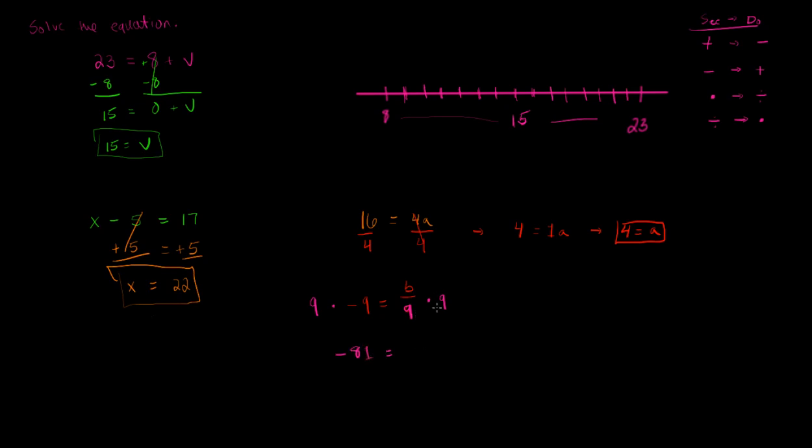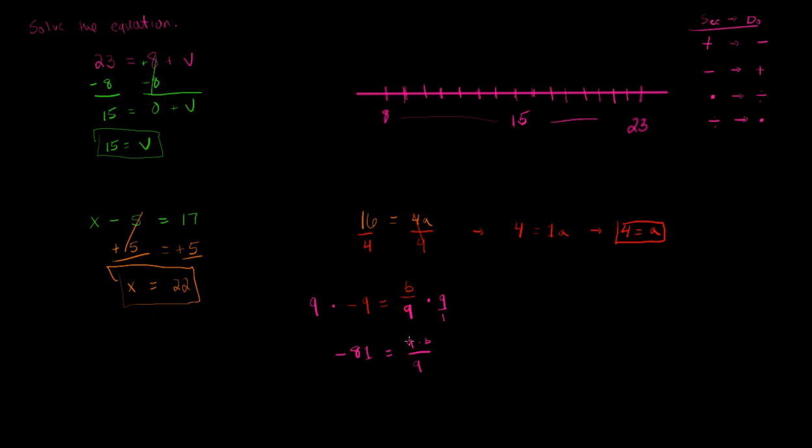And then since we're multiplying by 9, this is the same thing as multiplying by 9 over 1. So I get 9 times b over just 9 times 1, which is 9. And then we're seeing the same thing we had up here, right?